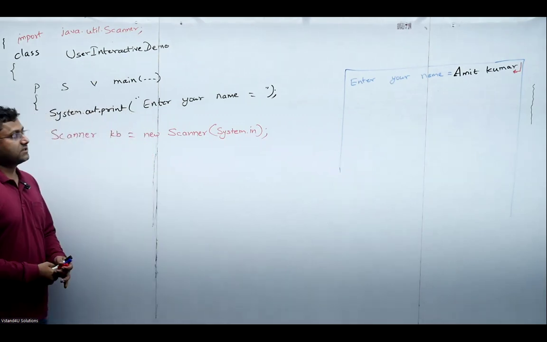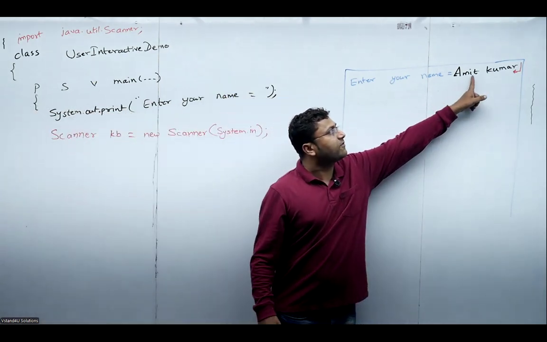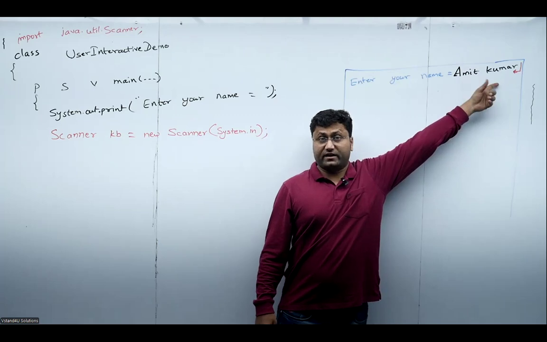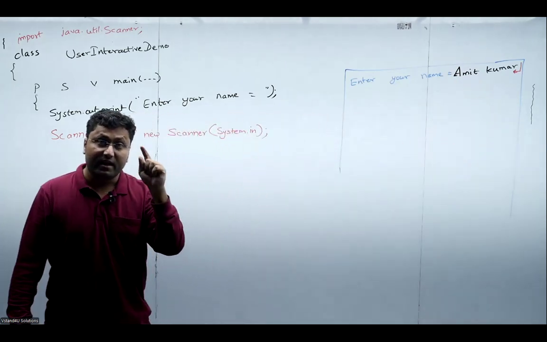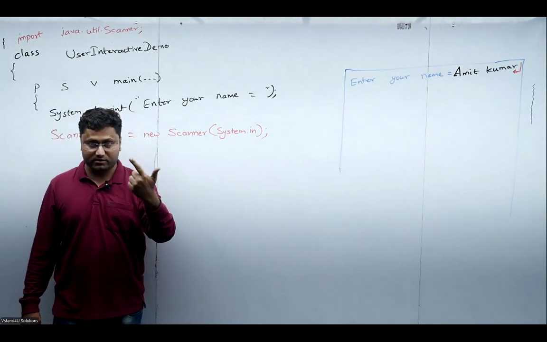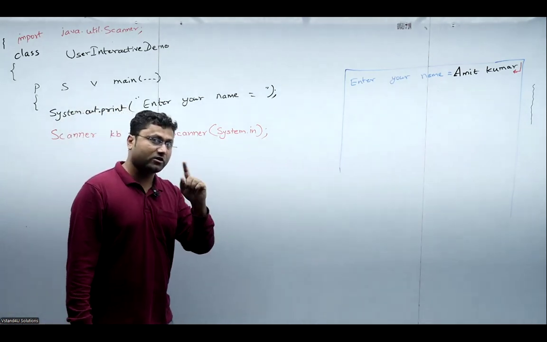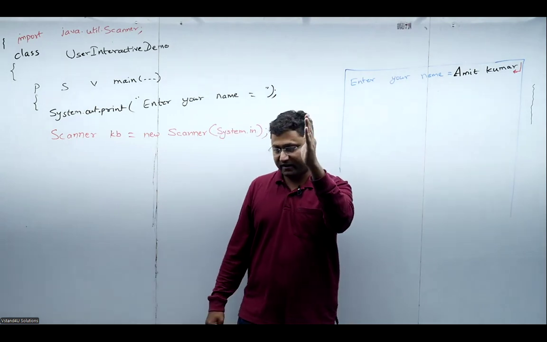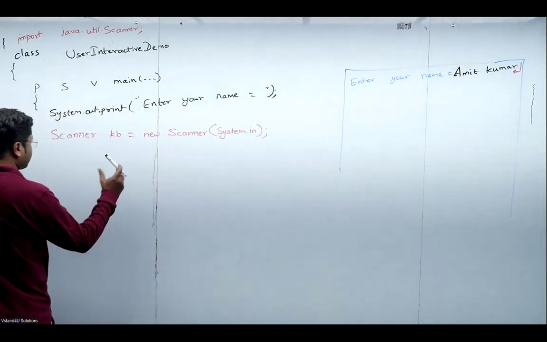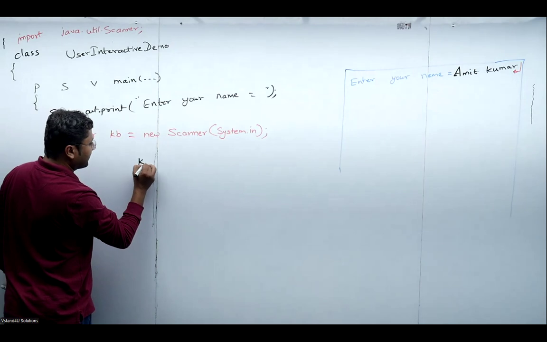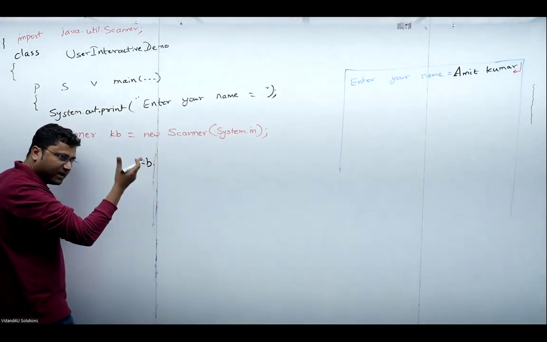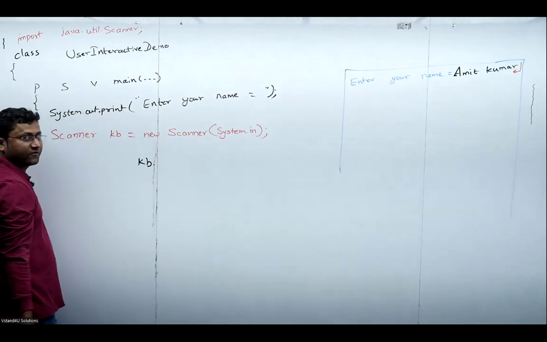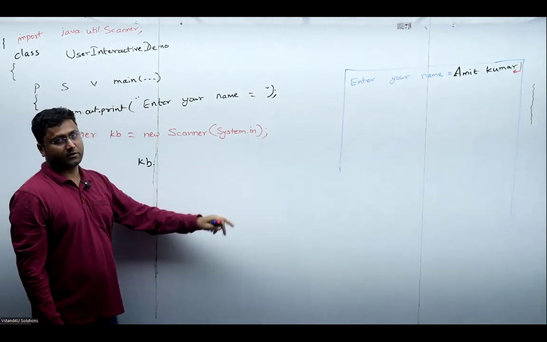Now the point is, the user has entered which type of data, sir? A string type of data, where space is also there, meaning multiple words are there, right? If you need to read multiple words, which method? Next or next line? Perfect. Next line should be used. So what will I say? I will say KB. This is the reference I have to make use of. KB dot, for every method, for all different types of data, I'll be saying KB dot.